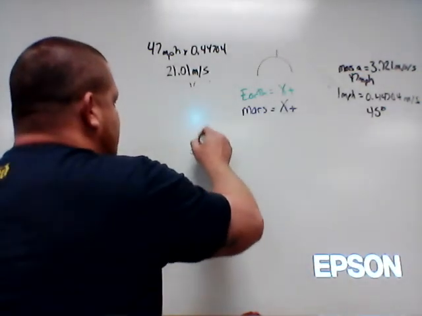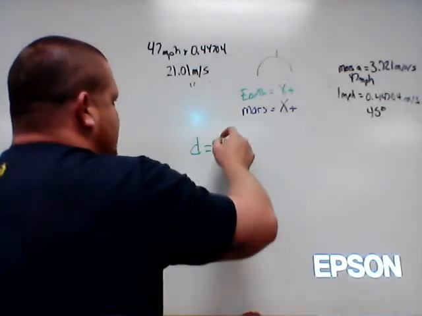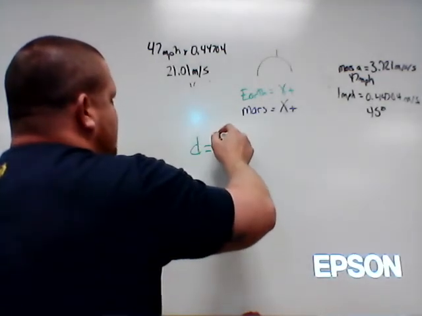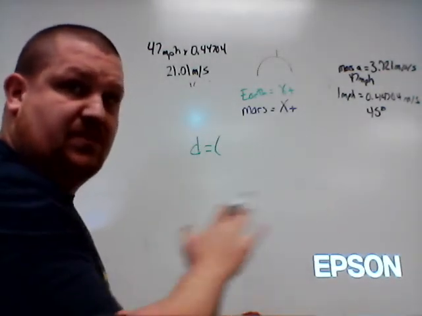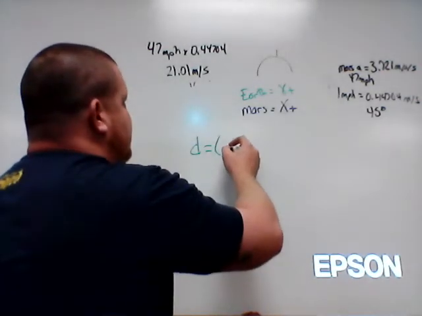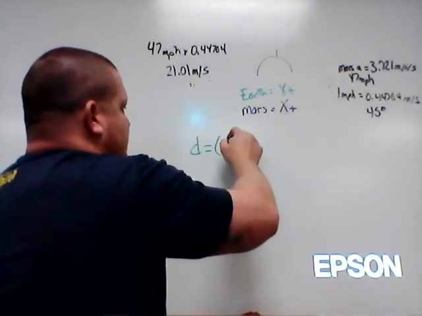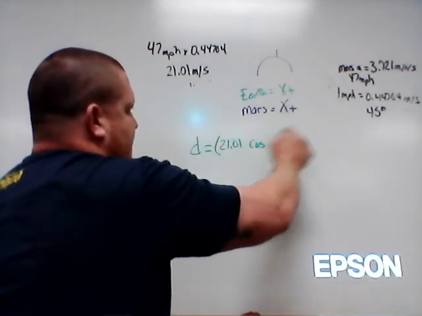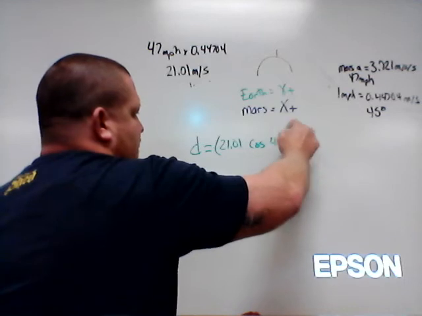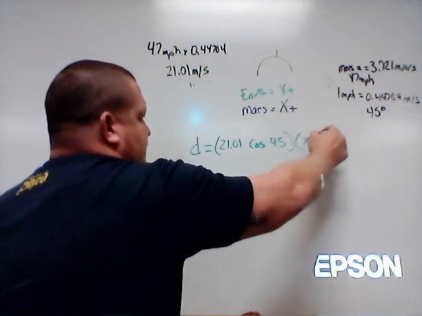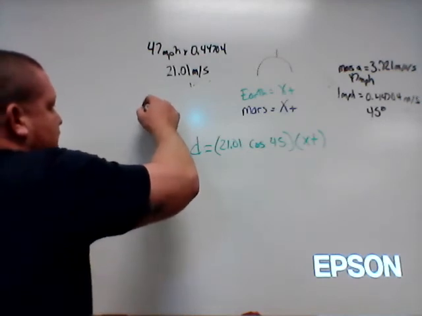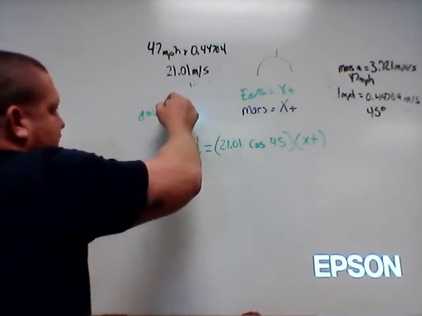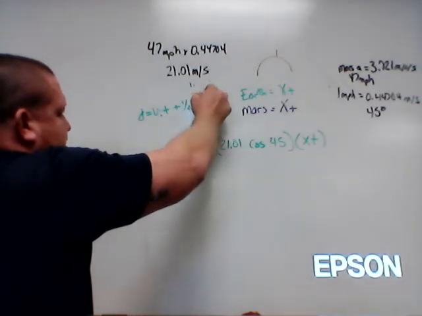So displacement equals, right? So horizontal is going to be 21 cosine 45 xt. Okay. Remember, our equation is d equals vit plus 1/2 at squared.